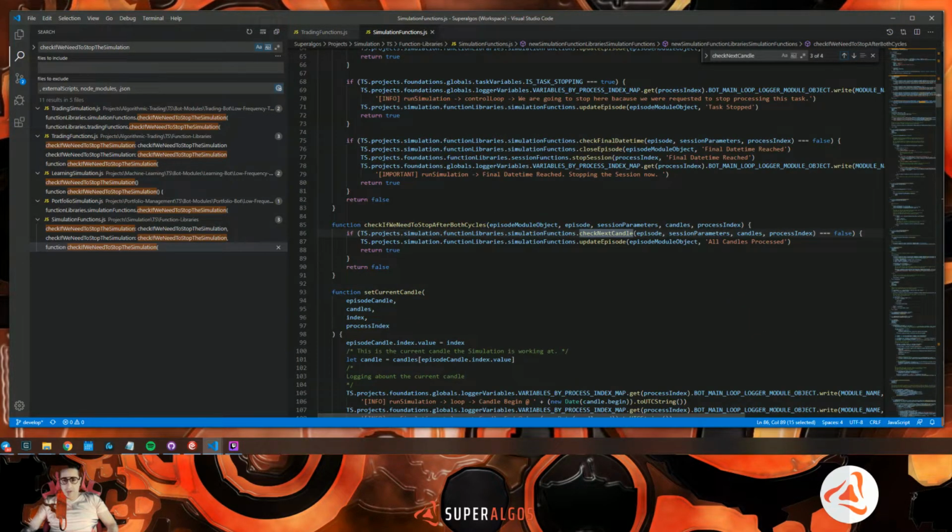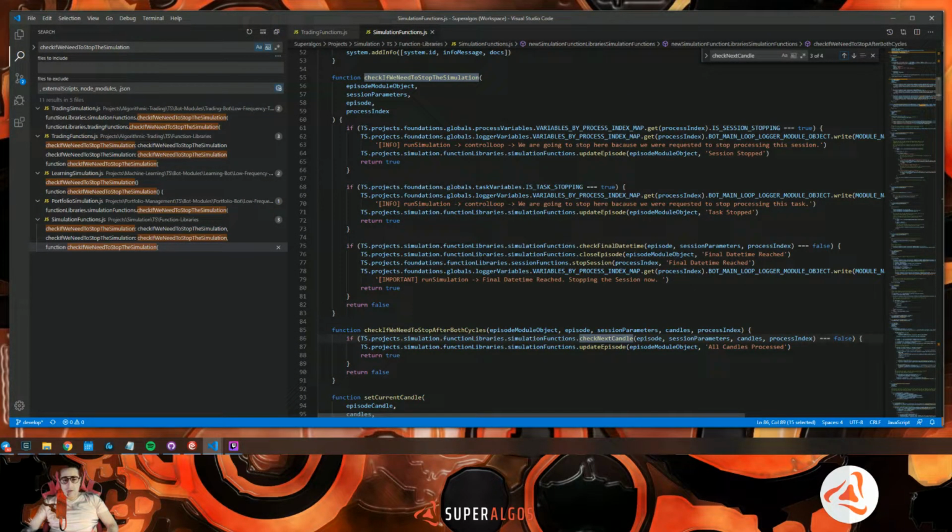Because the name is kind of misleading, this function was not added to the bot, so we need to refactor this.